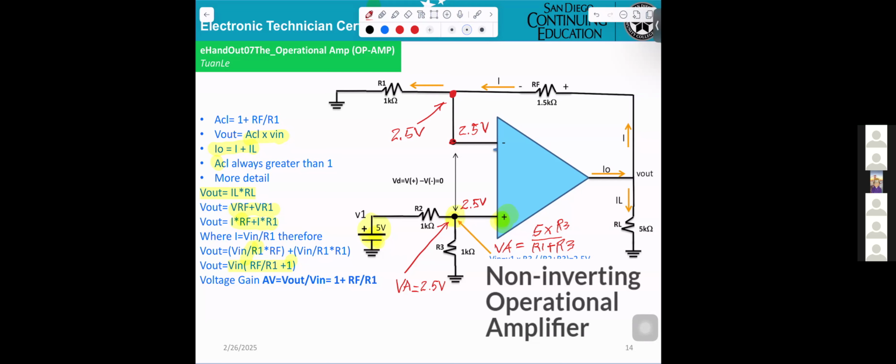Now, the first thing they try to see is the gain of the non-inverting amplifier. Okay, the gain of the non-inverting, they've given to you here.